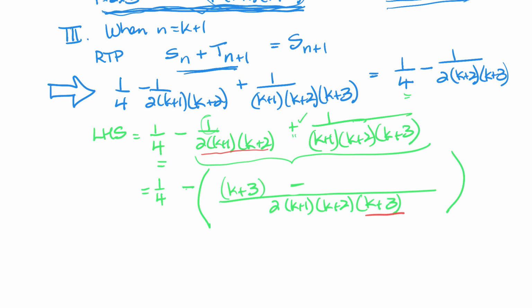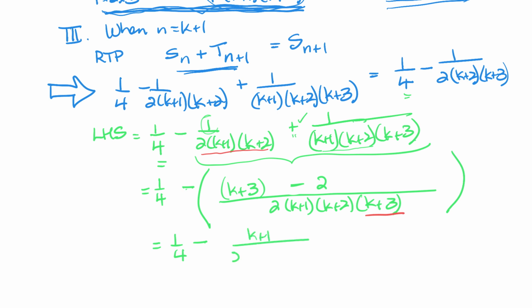And now k plus 1, k plus 2, k plus 3 all goes into the bottom 2 times. So I have that. So now I've got a quarter minus, and the top line of my denominator is k plus 3 minus 2, which is k plus 1.